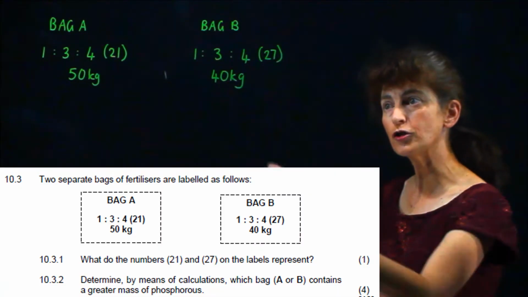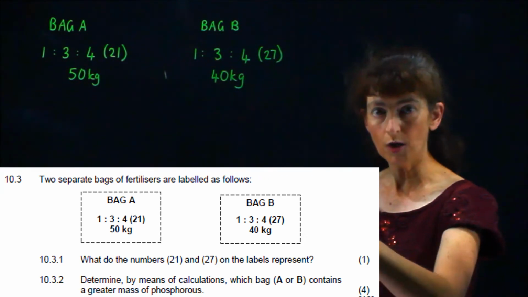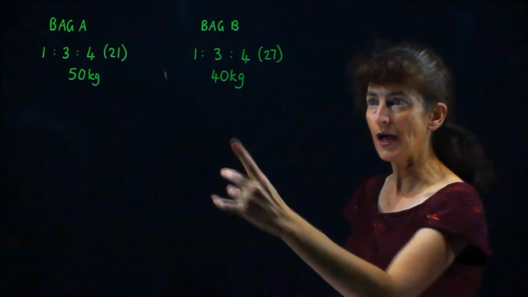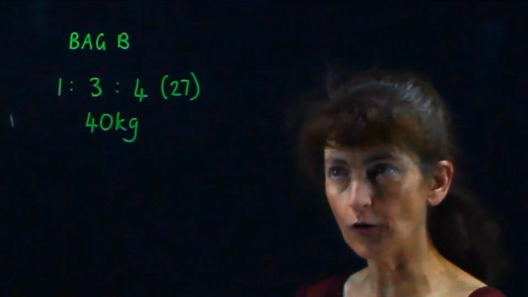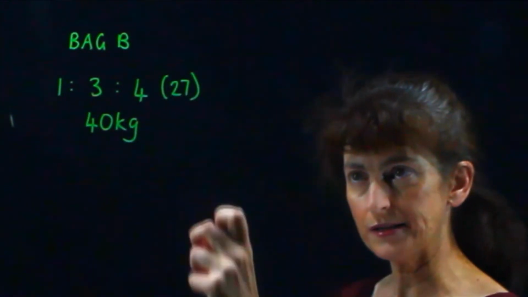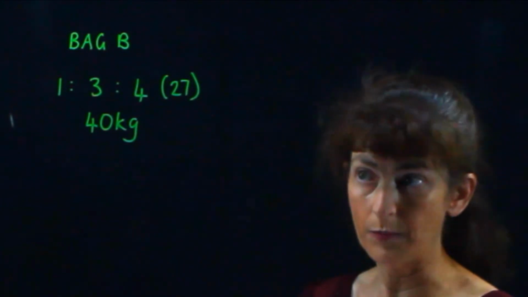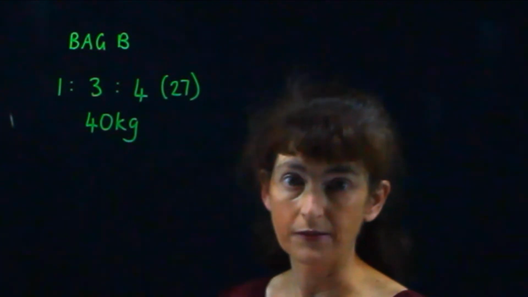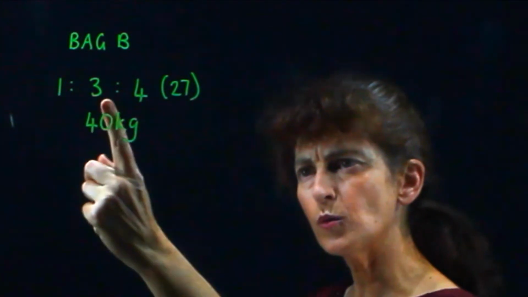Question 10 has to do with this information here, which is some labels on bags of fertilizer. And we see three numbers in a ratio format, a bracketed value, and then that's clearly the mass of the whole bag of fertilizer, the contents of the bag. So first of all, what is this ratio?